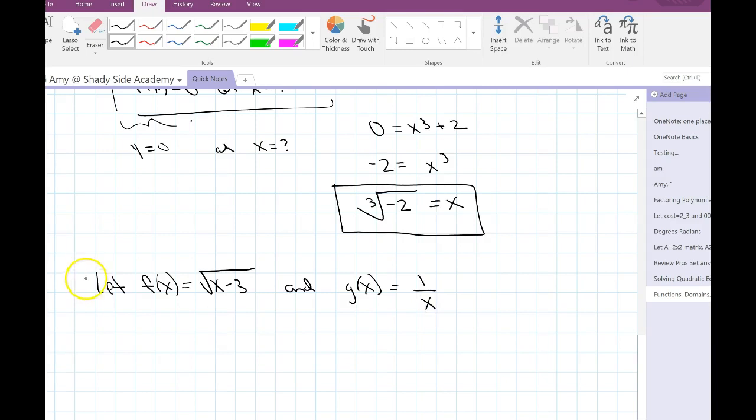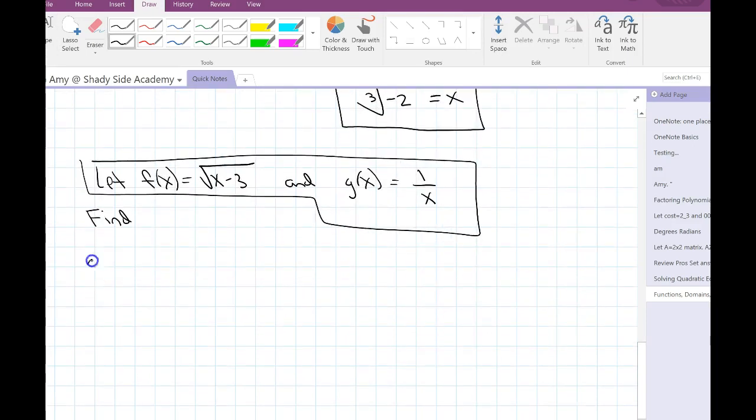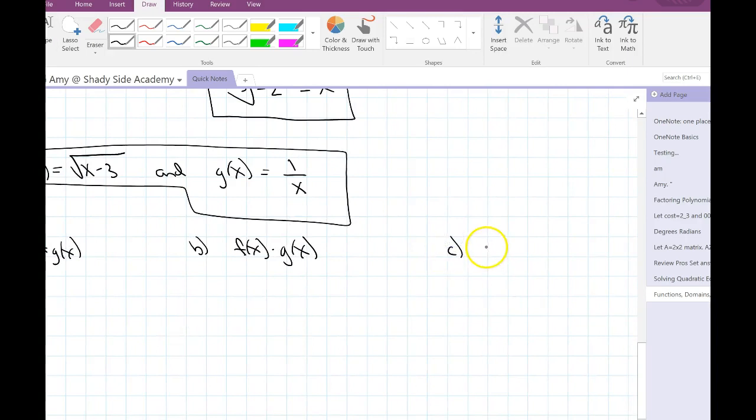Find the following. A: f of x plus g of x. B: f of x times g of x. And C: f of x divided by g of x.